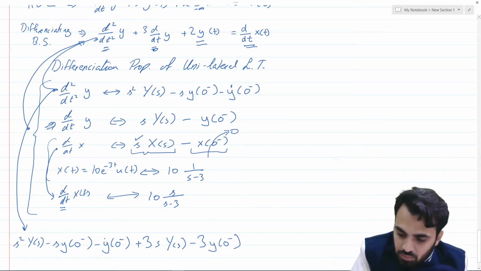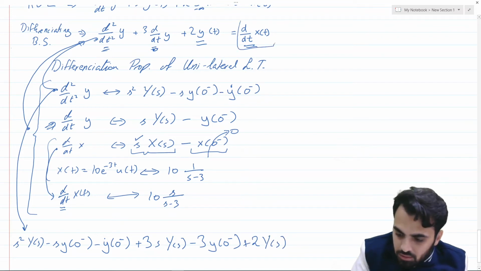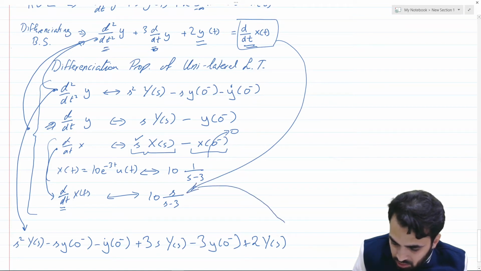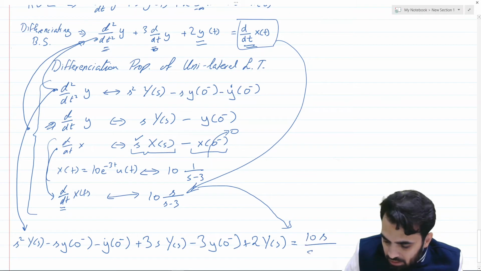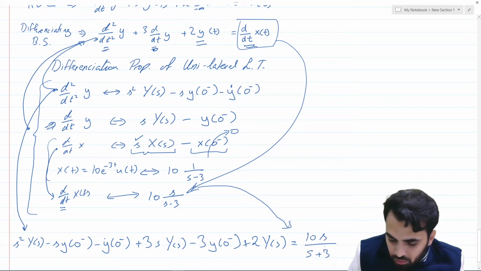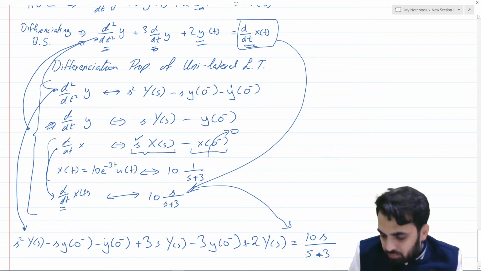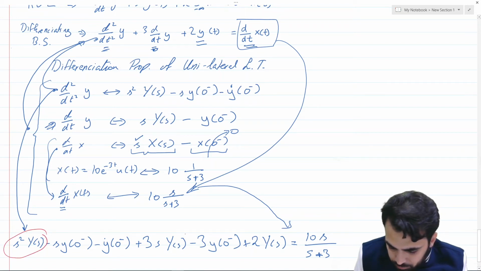So this would simply be 2 y of s, and this over here is given by this expression, and that would be the 10s over s plus 3. Note that from pair 6, if this is minus, so we have a plus here, so that's why we have plus over here.